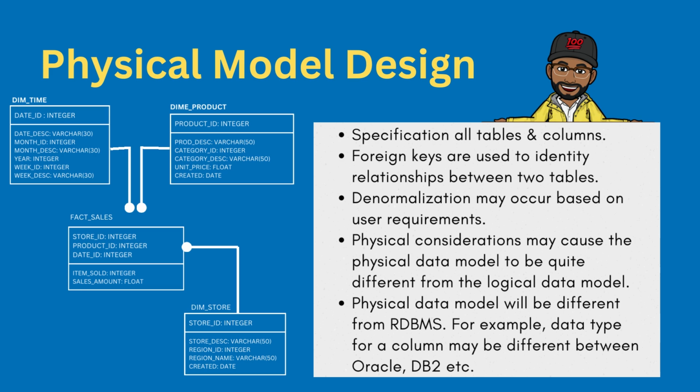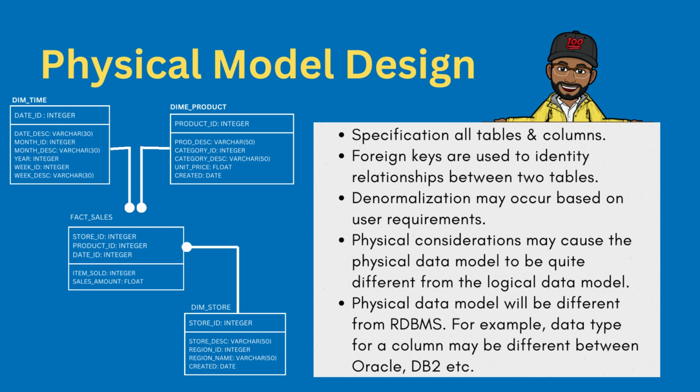So physical considerations may cause the physical data model to be quite different from the logical data model. The physical data model will differ for each database. If it is generated, the value might be integer or big integer, but if you say Oracle, the integer might be NUMBER, and varchar might be VARCHAR2.